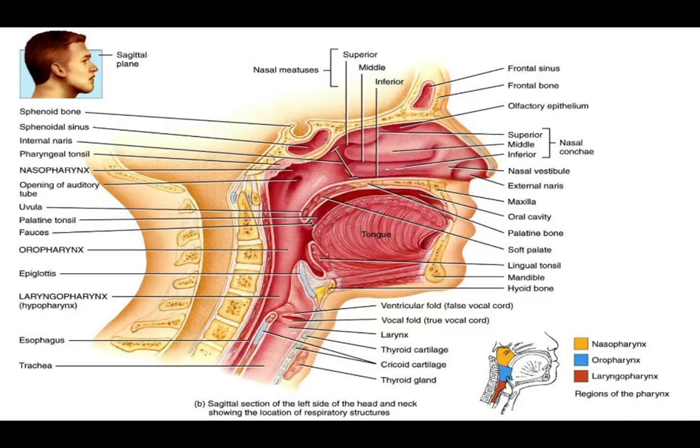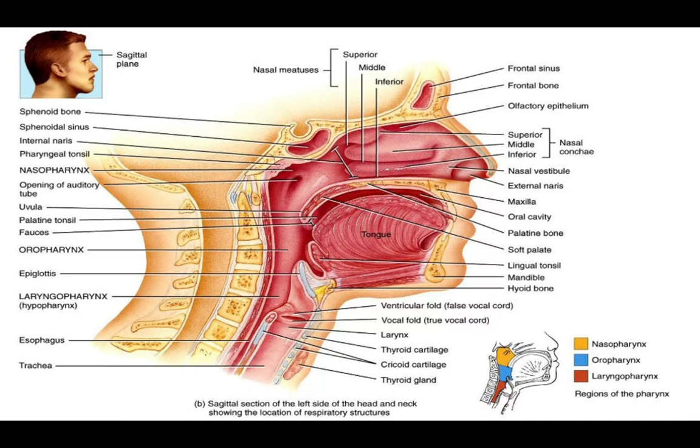So the oropharynx is lined by an epithelial tissue that can sustain that type of abrasion, which is the non-keratinized stratified squamous epithelial tissue. So multiple functions in the oropharynx.